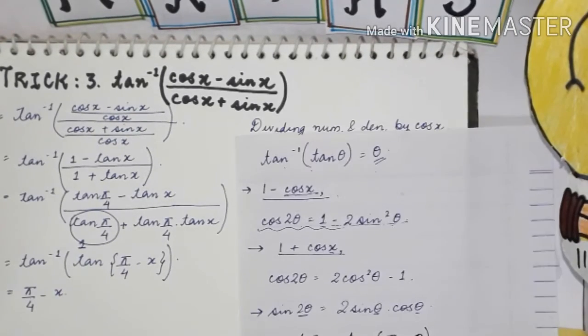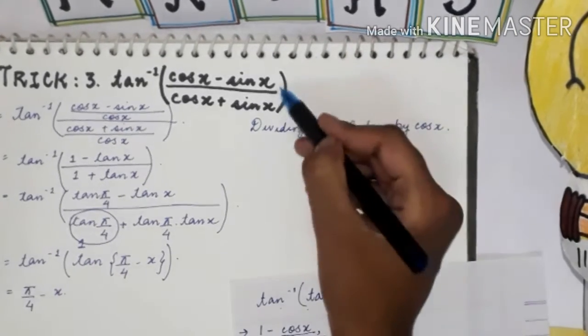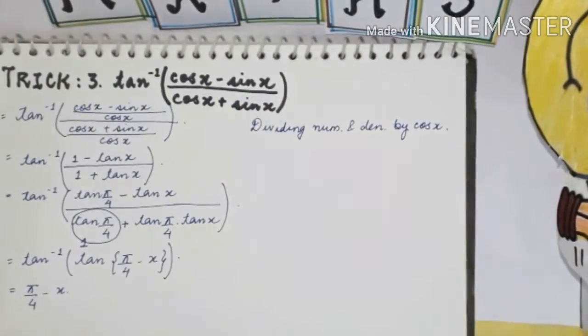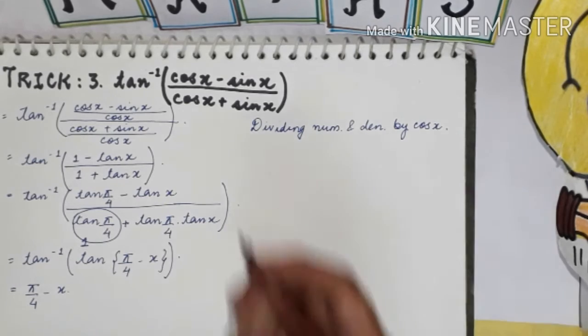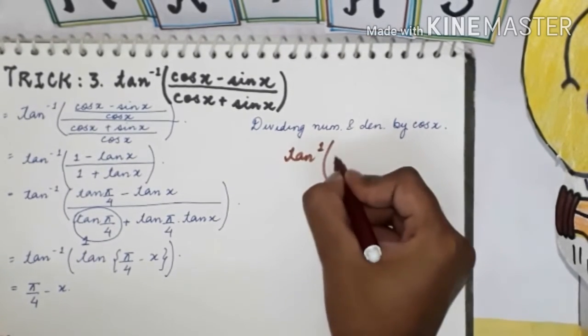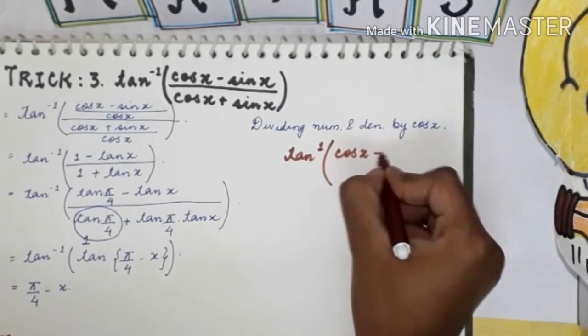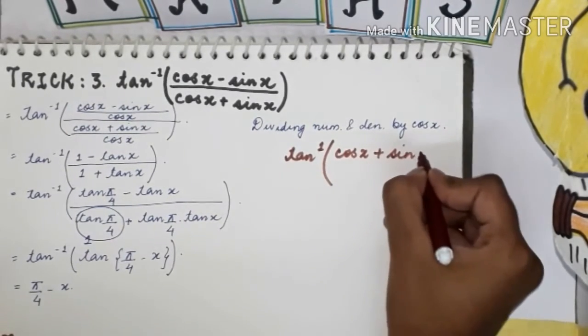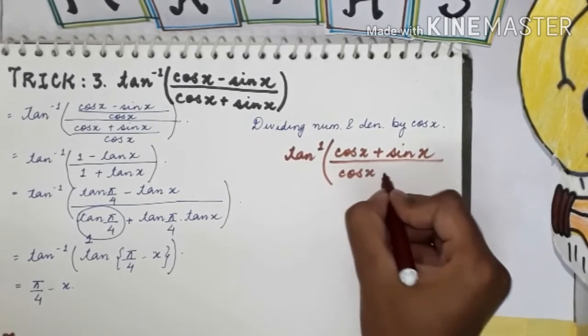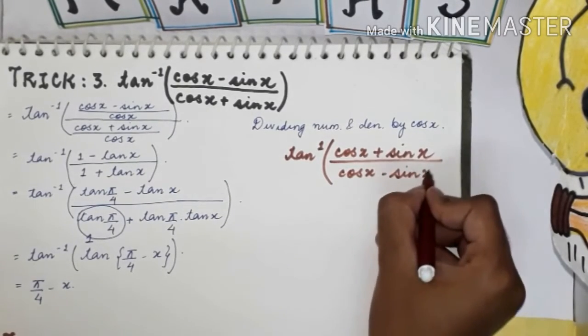Similarly, if you get just the reciprocal of this term, that means the question then will be this. Tan inverse cos x plus sin x, in the numerator, you have cos x plus sin x, and in the denominator, you have cos x minus sin x.